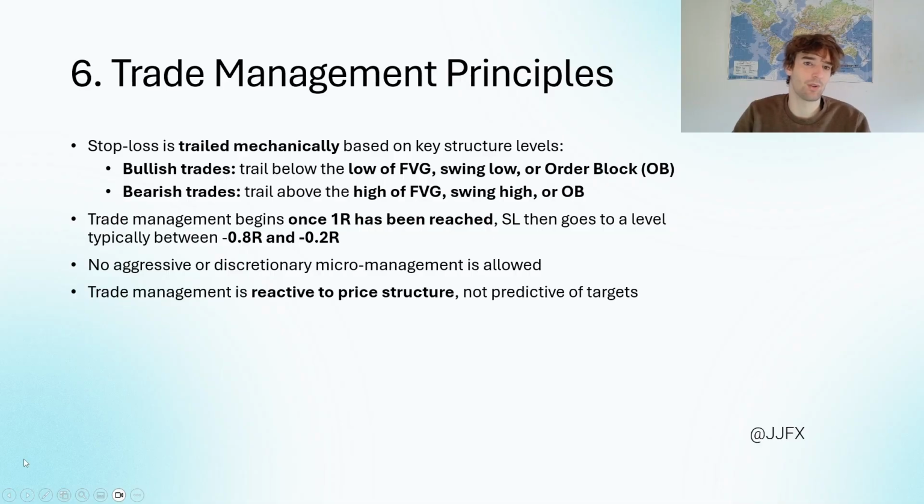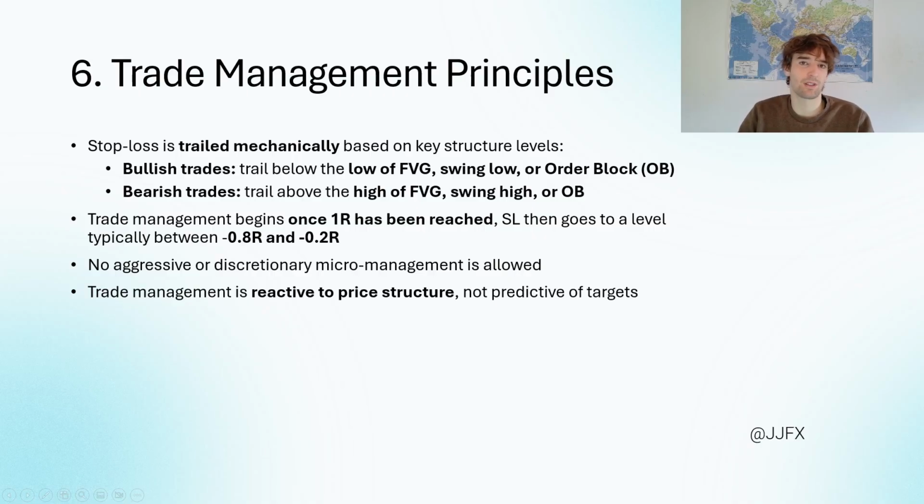Now let's go over the trade management principles. Stop loss is trailed mechanically based on key structure levels. So for bullish trades, I'll be trailing below a fair value gap, swing low, or order block. The trade management begins once 1 hour has been reached, so I always have an alert on 1 hour.